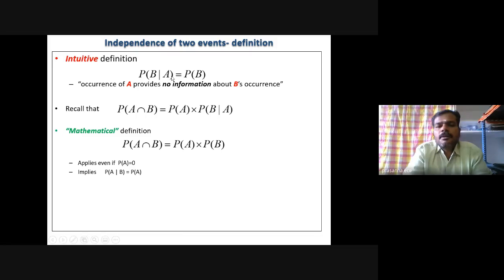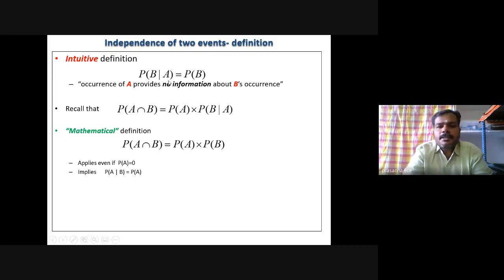Even if there is a conditioning event A, our initial beliefs about event B do not change. That is the independence characteristic. So if P of B given A is always equal to P of B, then we say both events are independent of each other. This is an intuitive definition which we have got from our definition of conditional probability.